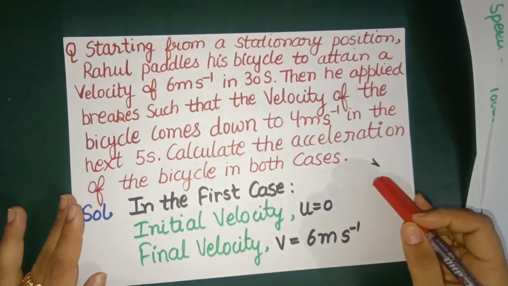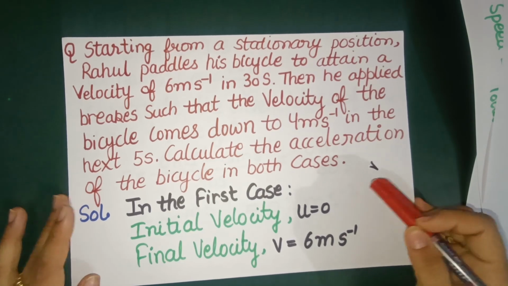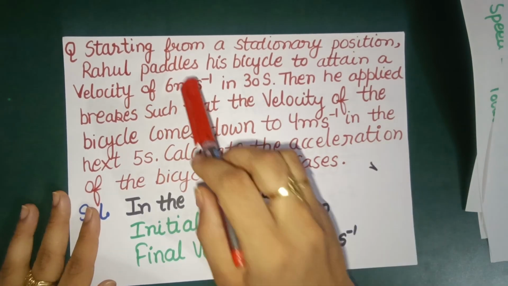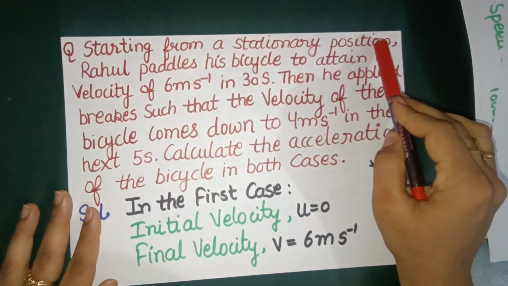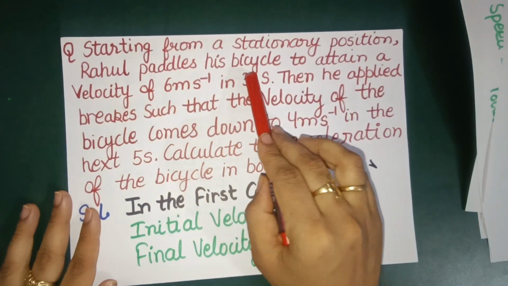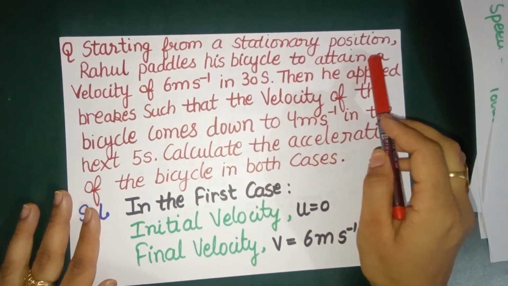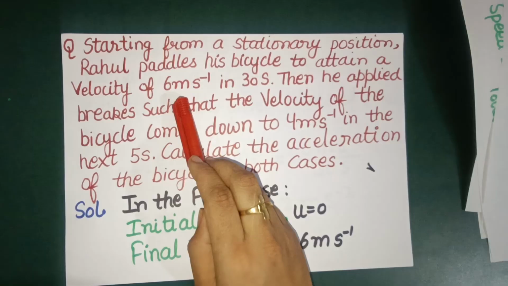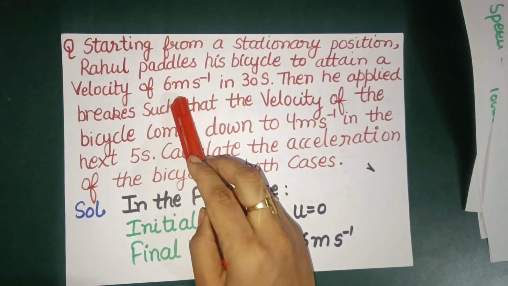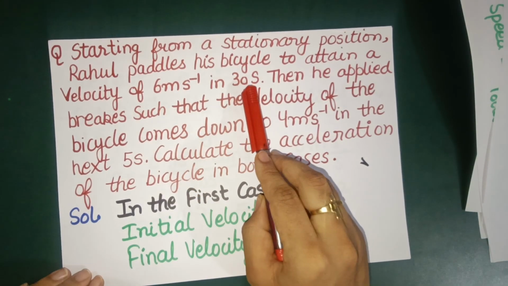Next question is, starting from a stationary position. Start कहाँ से हो रहे हैं? एक stationary position से. Rahul paddle his bicycle to attain a velocity. उसने कितनी velocity पे गया? 6 meter per second की. कितने टाइम में? 30 seconds में.